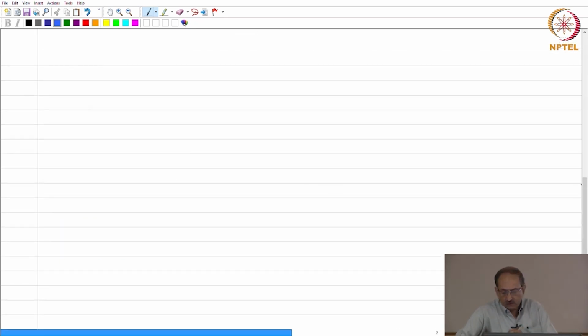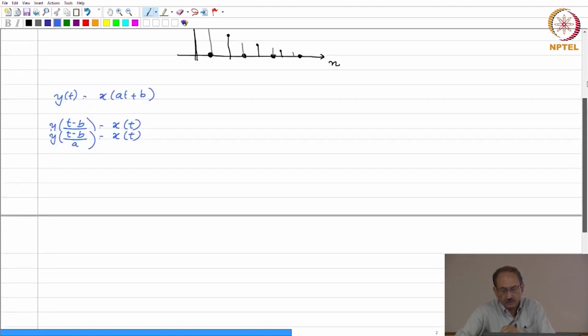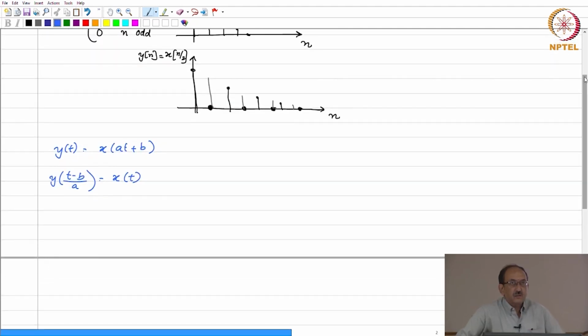In this context, it is worth mentioning that under certain conditions you can recover the original signal. You must have already studied sampling in the previous course. Suppose you sample the signal at a rate much more than required.